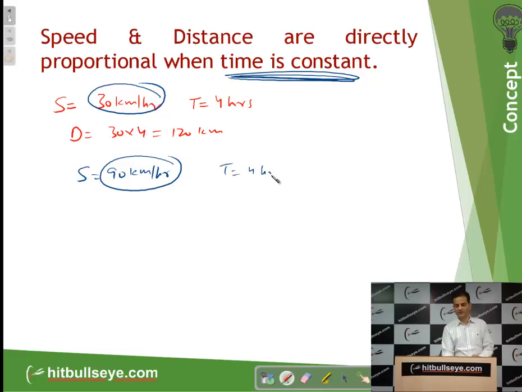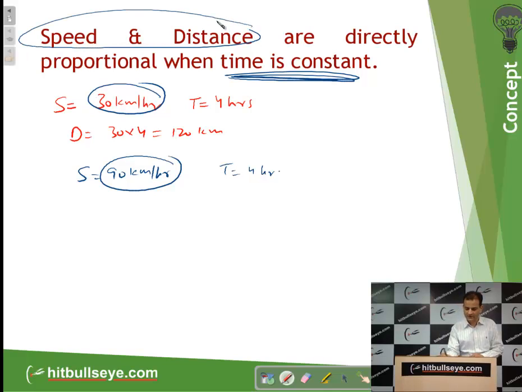If I increase my speed from 30 to 90, that means I've tripled my speed. That means distance covered will also be tripled. Initially we were covering a distance of 120, and now distance will be 120 into 3, 360, because speed and distance are directly proportional. If one thing increases, the other will increase. If one falls, the other will also fall.